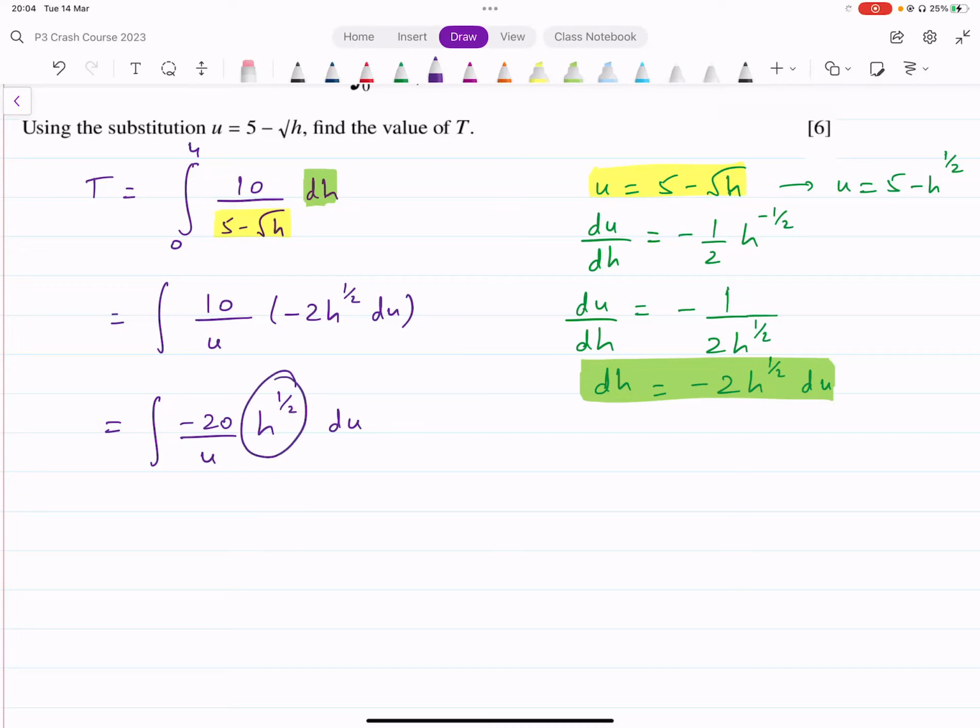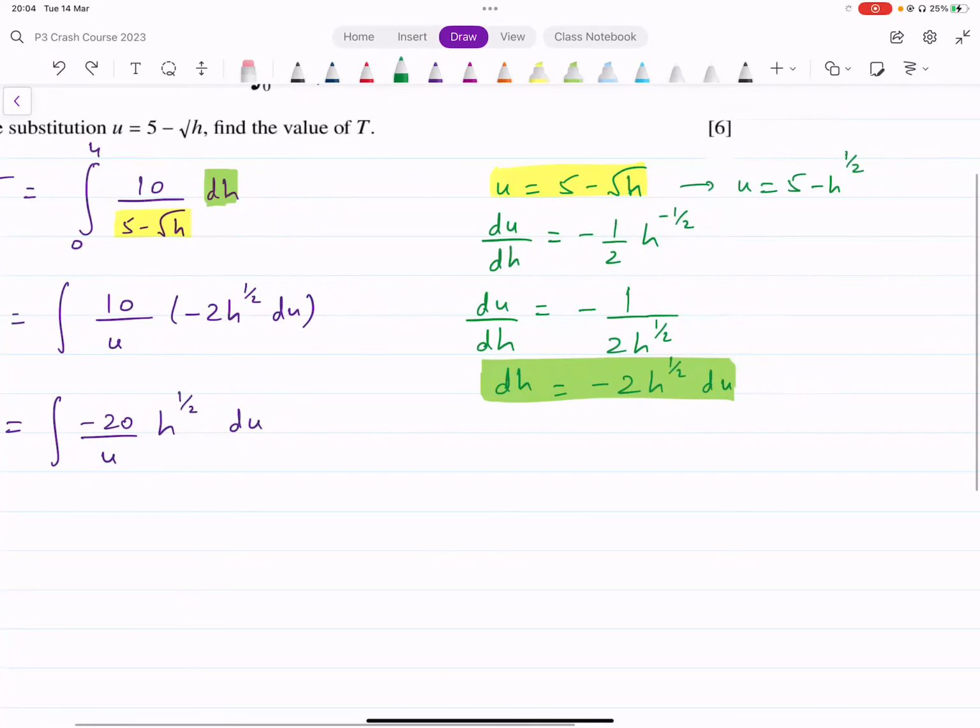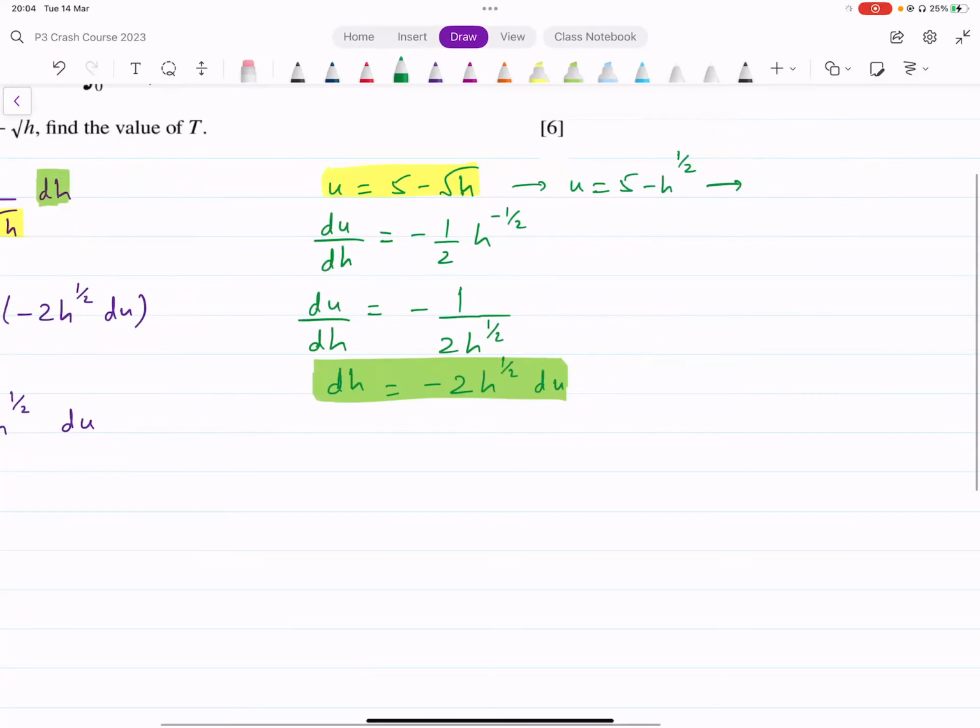We need to replace this thing with something. Now we go back to that substitution that we had. Let's make h raised to power 1 over 2 the subject and see what that should be equal to. If we take this to the left side, bring u to the right, that gives us h power 1 over 2 equal to 5 minus u. All right, that's what we get.